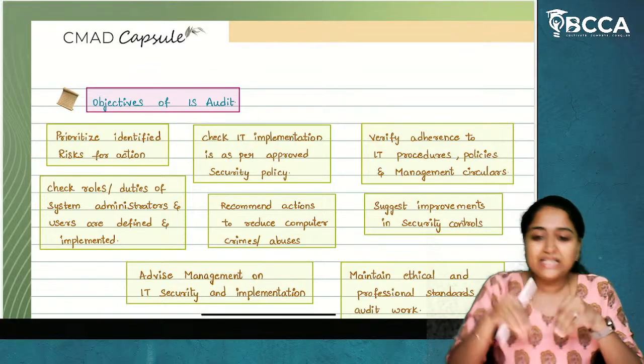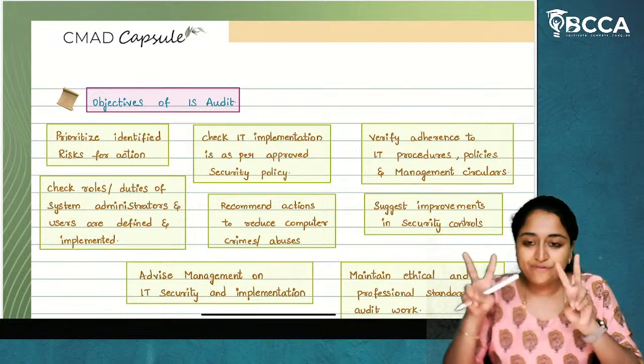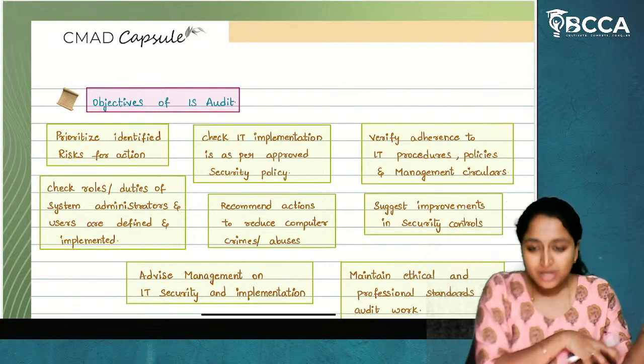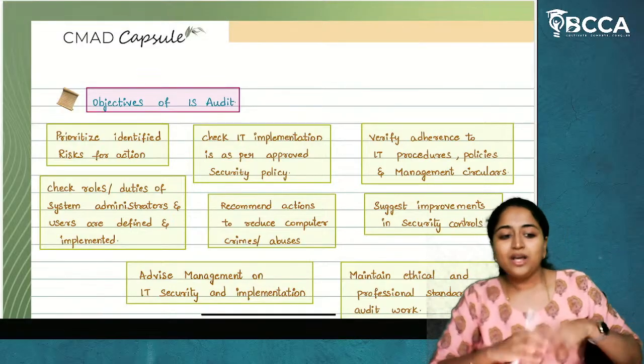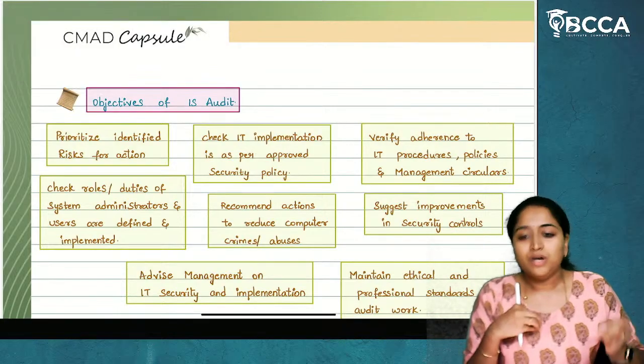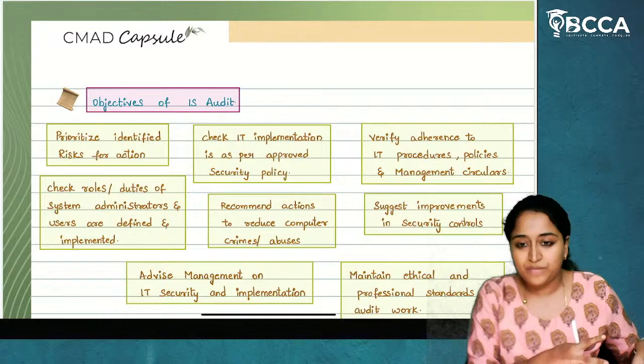Now, what is IS audit? Information system security audit. So we have two: information system security audit and information technology audit. In the technology audit, we only evaluate what kind of software we are using for safeguarding the information technology.